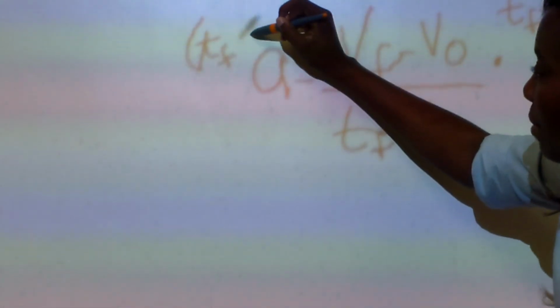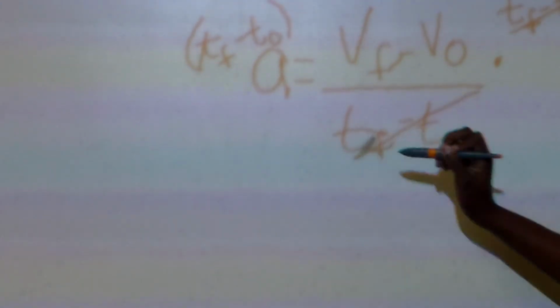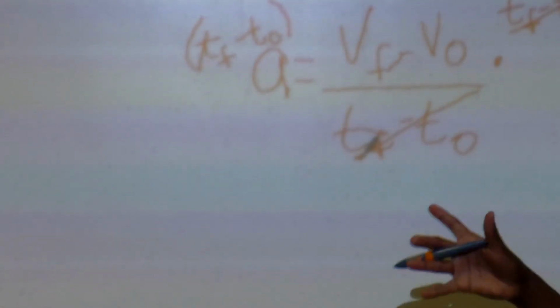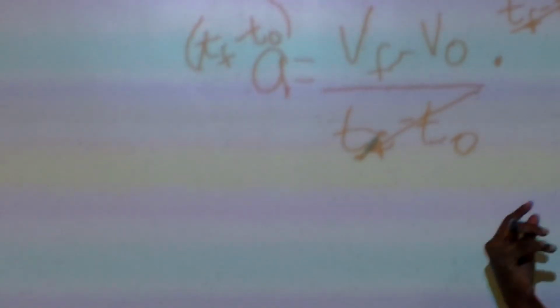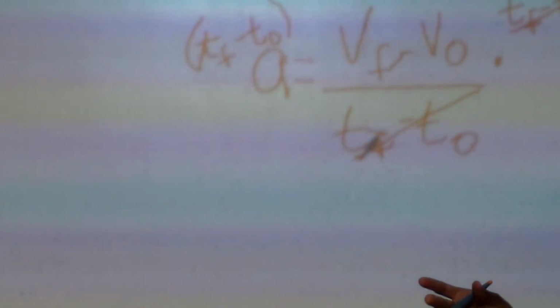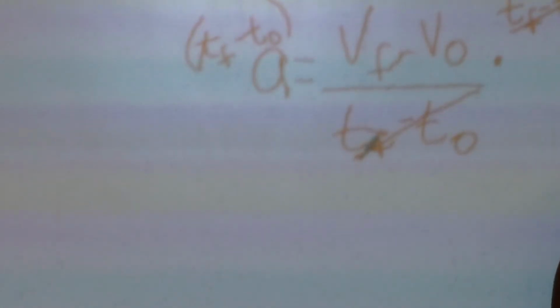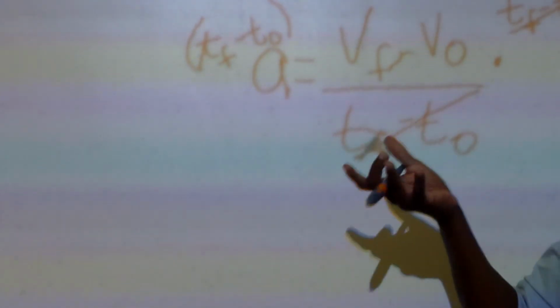You still get rid of fractions the same way, by multiplying both sides by the common denominator. Everybody got it? Even though it's two terms that look weird, same process. Here it cancels so that we can get that T sub F out of the denominator so we can solve.